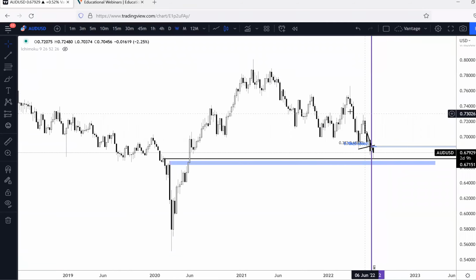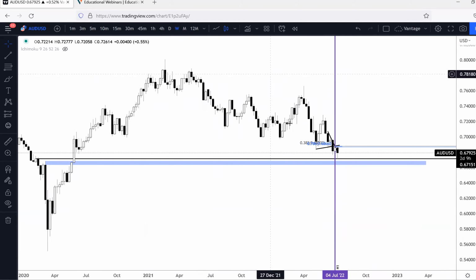So over here on Aussie Dollar, you can see that on a higher time frame, price broke this support turn resistance level over here. Your weekly time frame here is showing you bearish flow, right? So prices are forming lower lows and lower highs, and there's a recent break of the trend line as well.